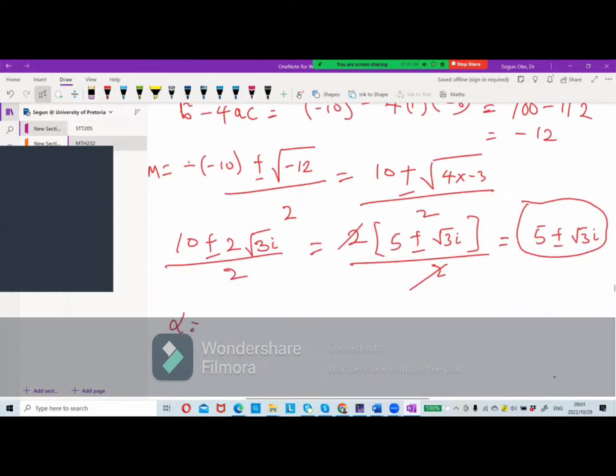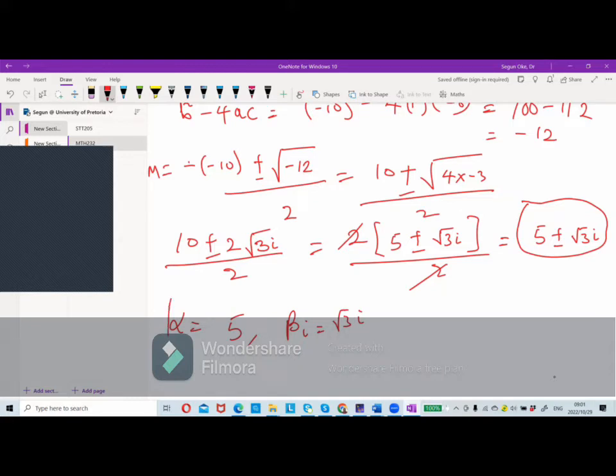Our alpha is equal to 5. Then beta is root 3, beta i is root 3 i.